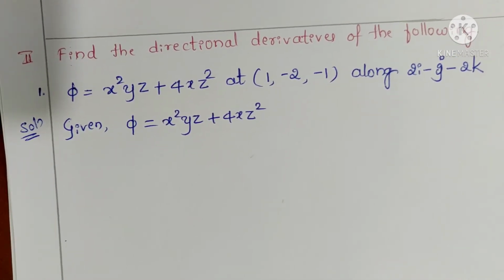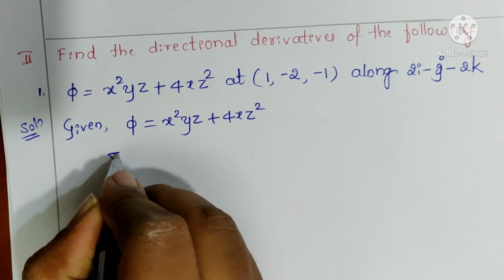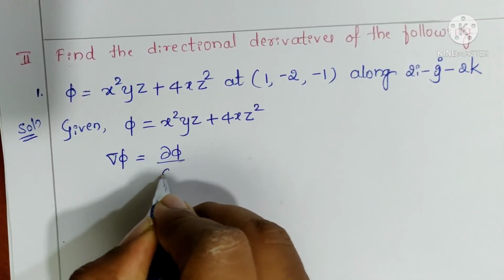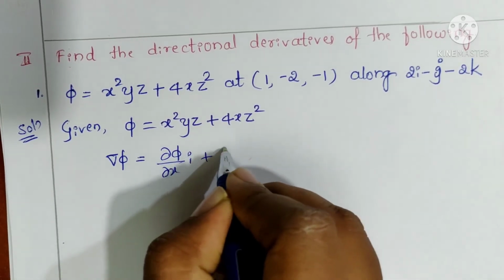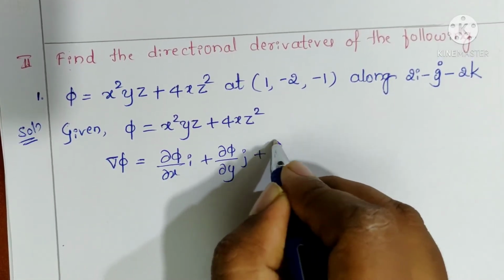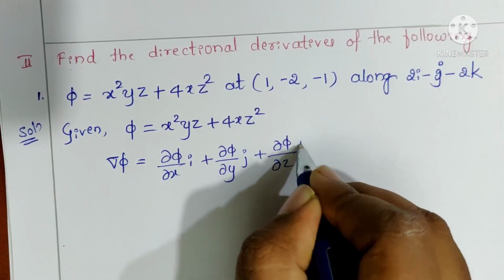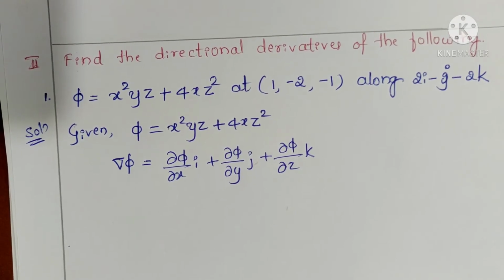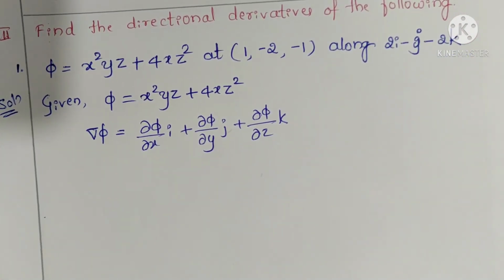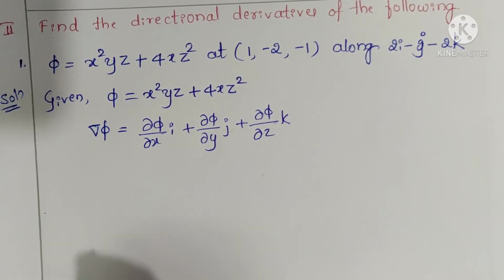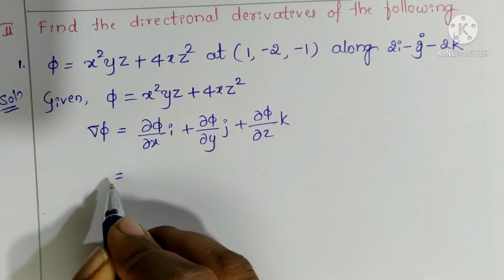Yes. So first we write del phi. Write the formula first. It is dou phi by dou x into i, dou phi by dou y into j plus dou phi by dou z into k. Keep the habit of writing the formulas at every problem you solve, so that you will get perfect and you will come to know how to substitute the functions.